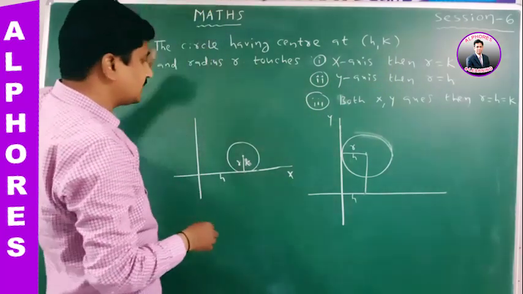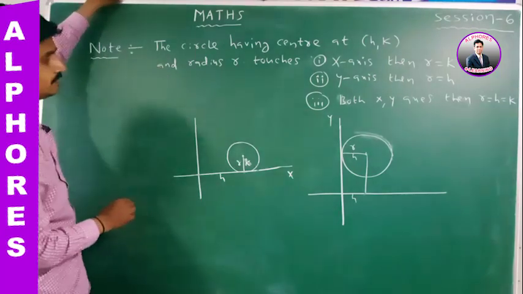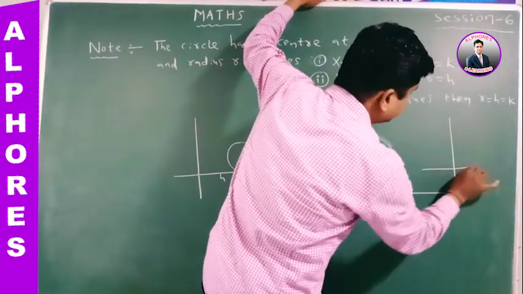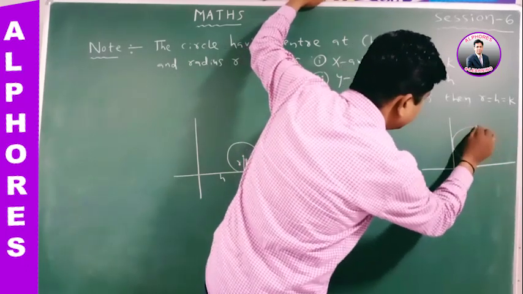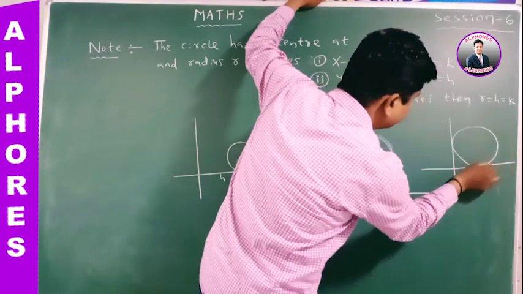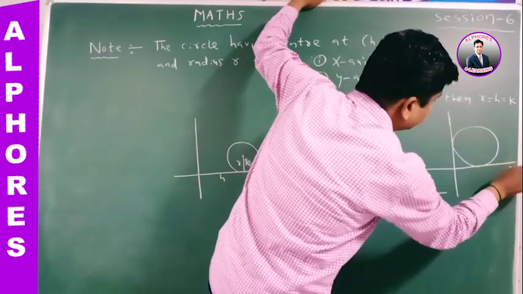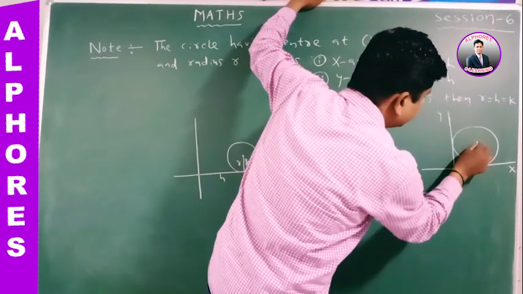Right. Next, the circle touches both the x-axis and y-axis, like this. This point is (h, k).